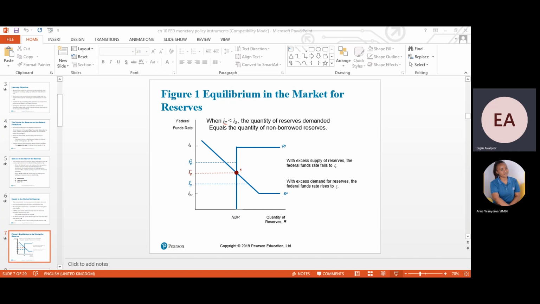Open market purchases cause the federal funds rate to fall, whereas an open market sale causes the federal funds rate to rise, when the intersection occurs at the downward sloped section. Open market operations have no effect on the federal funds rate when the intersection occurs at the flat section of the demand curve. Now we are going to see this on the graph.